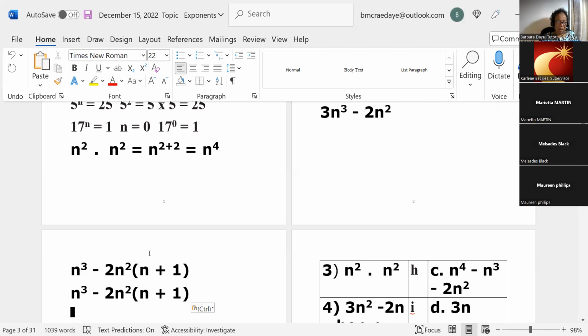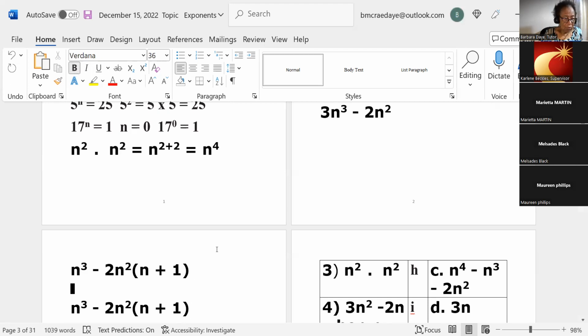Now, if you don't see a power, it means it's a 1, right? So 2n to the second multiplied by n. Now, that's a multiplication. You add the powers. So what would that be equal to?